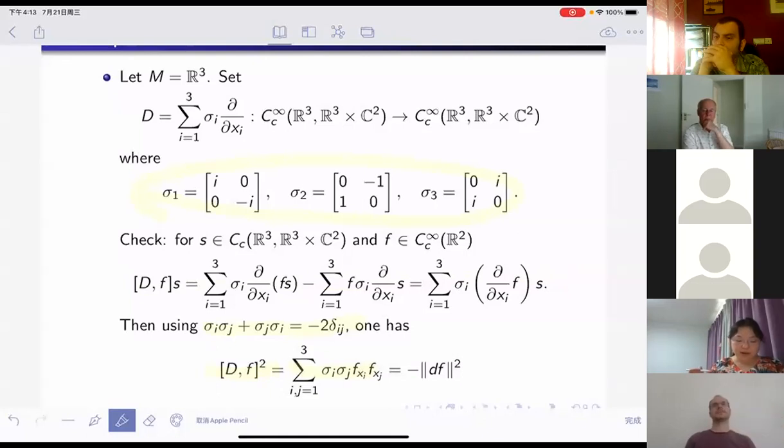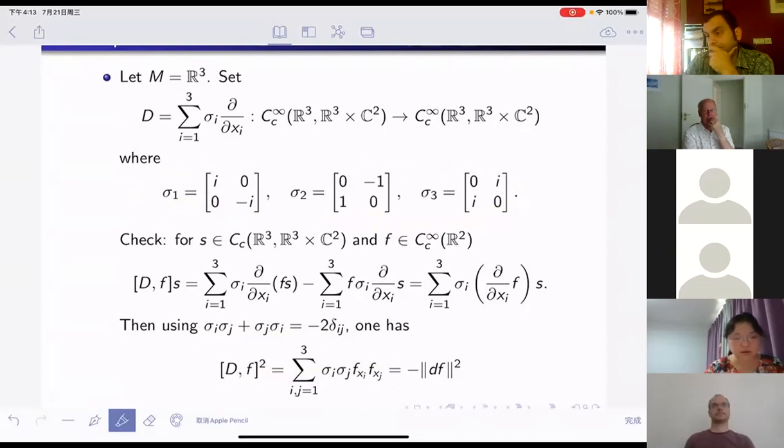That means when i is not equal to j, the term vanishes, and when i is equal to j, it contributes minus 2. And from that, one can check that the equality is satisfied. Maybe I made a mistake here. Oh no, there's no mistake. So this is a Dirac type operator from the definition above.